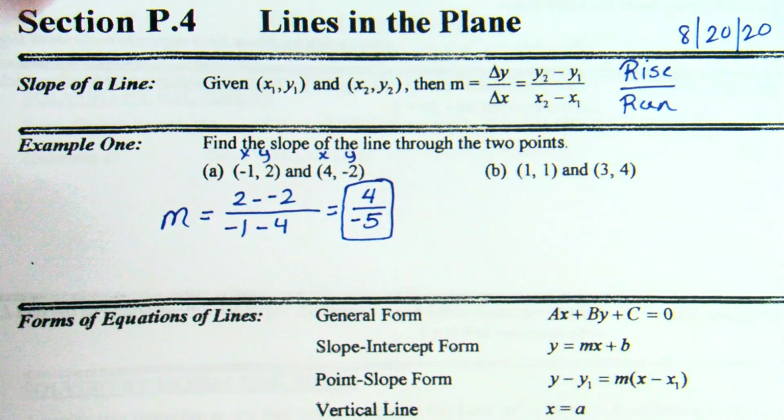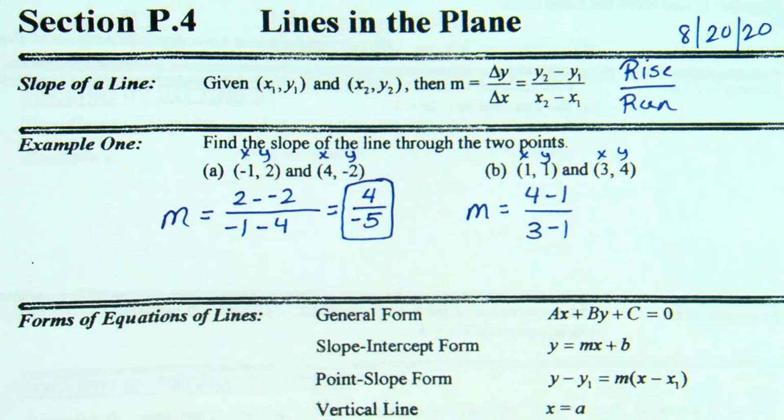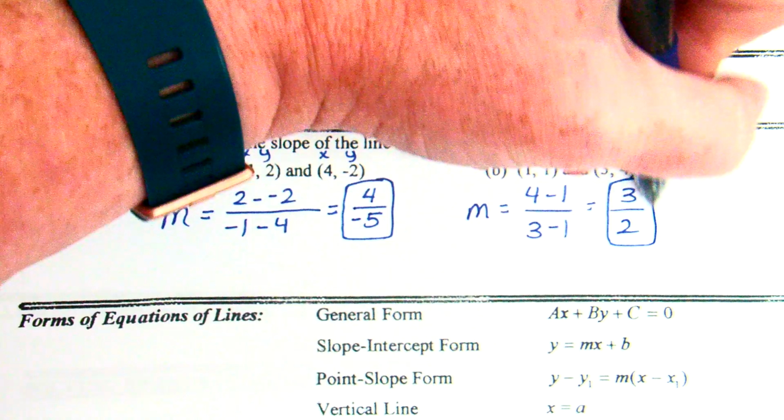Okay, what about B then? (1, 1) and (3, 4). How do I do slope? Okay. 4 minus 1 over 3 minus 1. And to me, that's the better way to go. 4 minus 1 is 3. 3 minus 1 is 2.